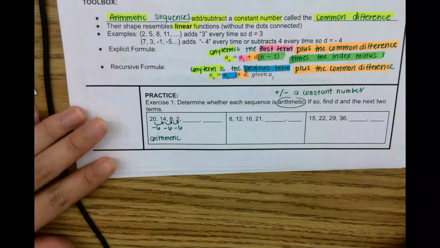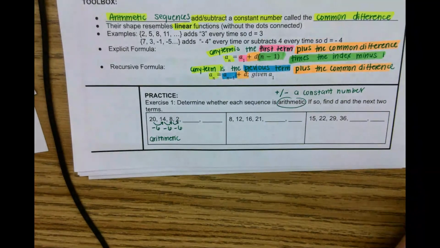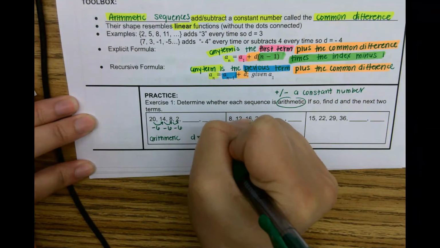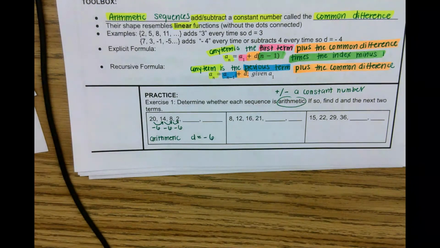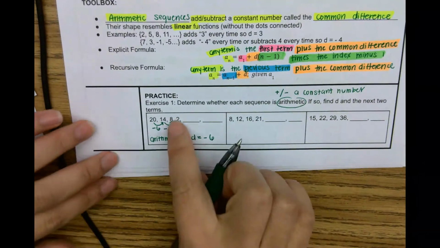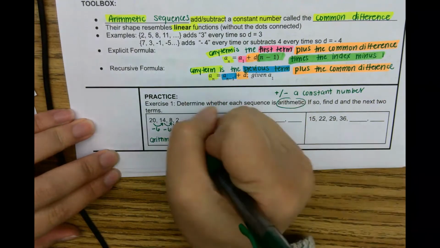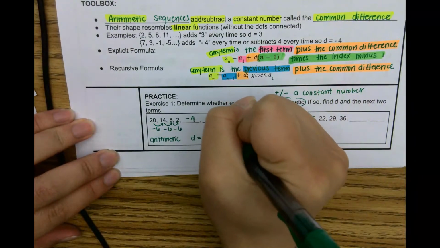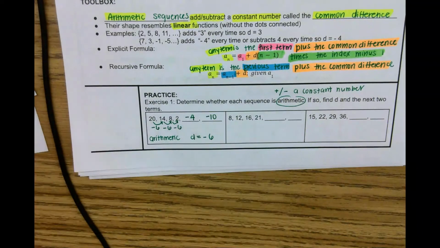Okay, what is this constant number known as? The common difference. It is negative 6, so my common difference here is negative 6. Okay, to get to the next one, I would just subtract 6, right? 2 minus 6 is negative 4. Negative 4 minus 6 is negative 10. So now I just have the next two terms as well.